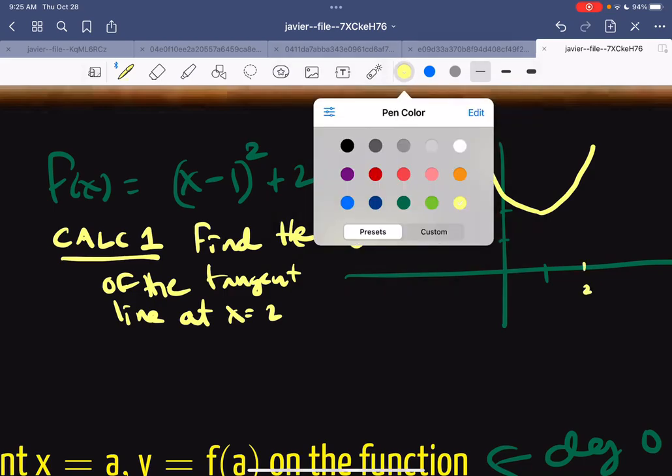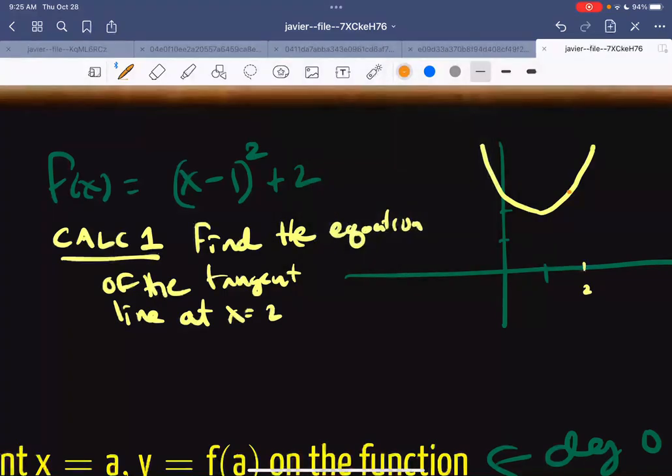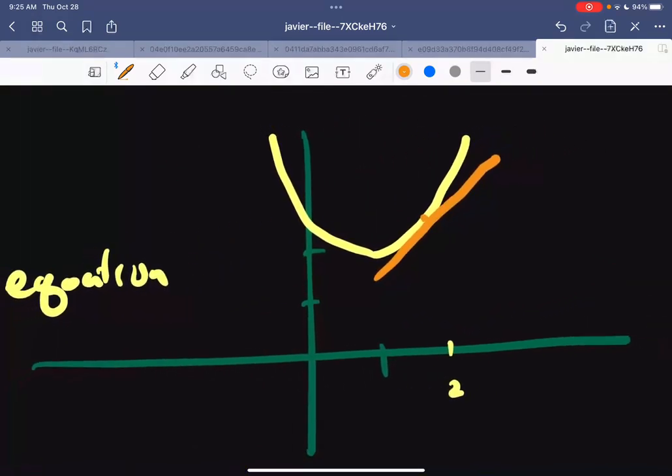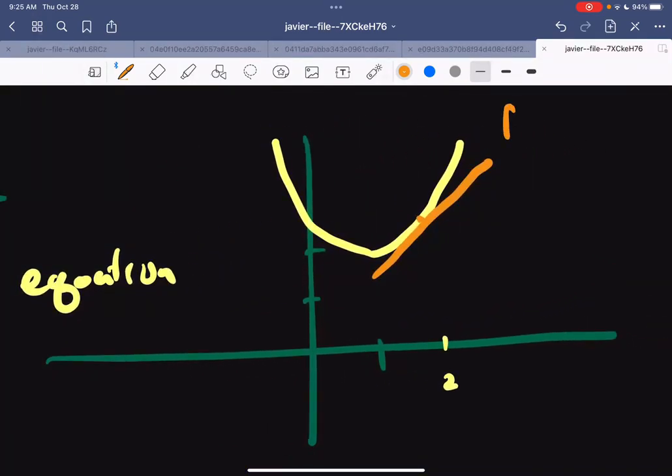We want the equation of the tangent line. So this would be the tangent line. You already know the slope of it. The slope of it would be the derivative at 2. And you know a point on it. A point would be 2 comma f of 2.